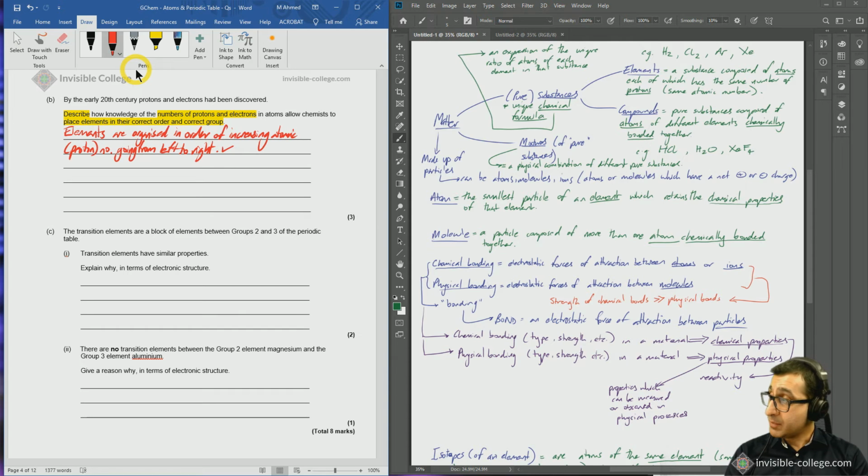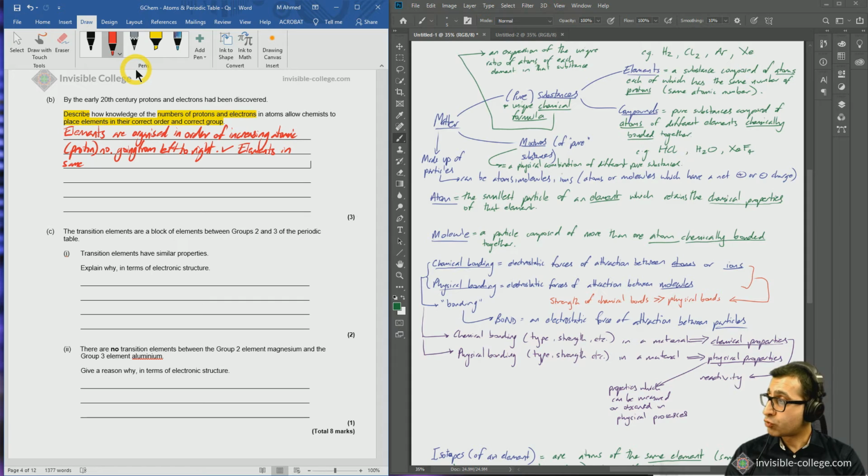Now, this is describing the horizontal arrangement in how the elements are organized in each period. The second mark is for saying that elements in the same group. Now, again, we're using the proper terms here. Don't say vertical column when there is a specific chemical term to describe that group.